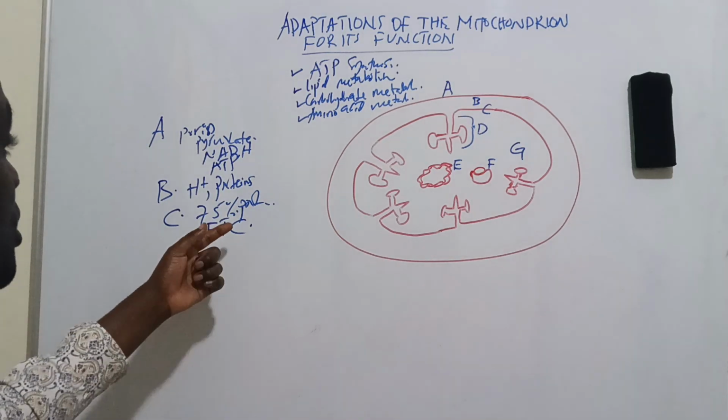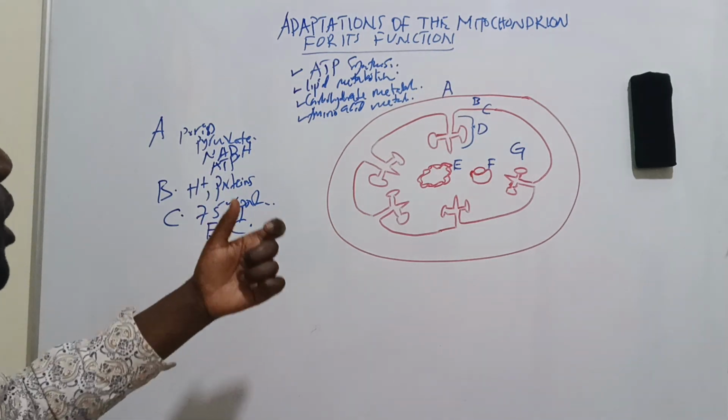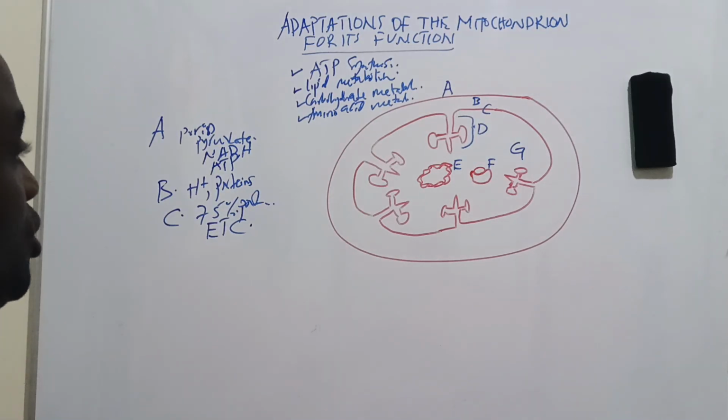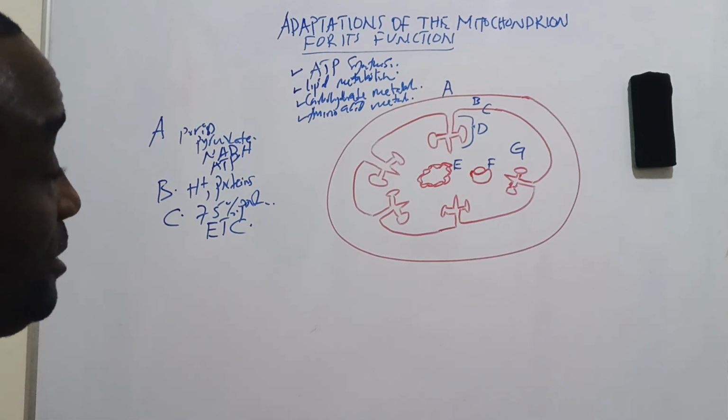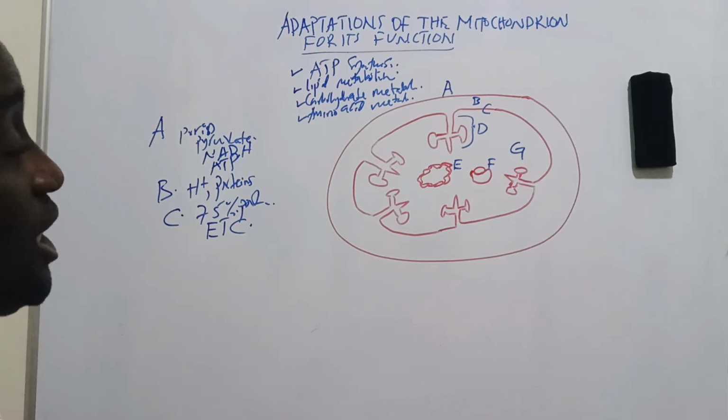There are channel proteins which allow entry and exit of materials. Remember, we said the inner membrane is selective in nature. It doesn't allow materials to easily go through just like the outer membrane. That is also an adaptation. Which adaptation?